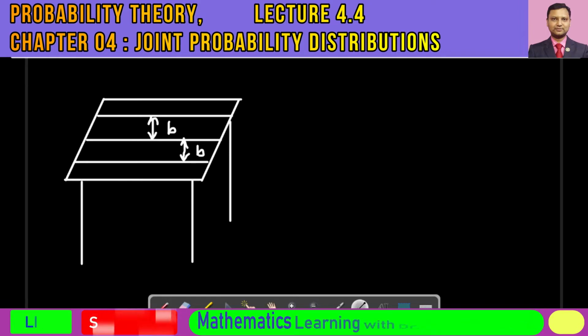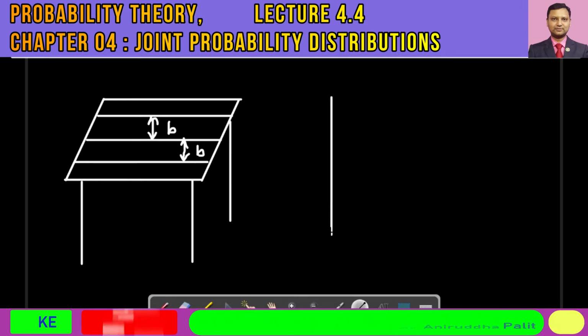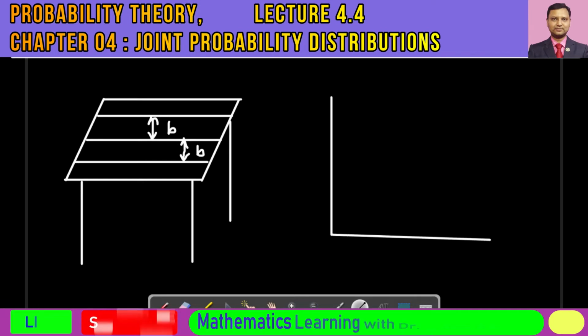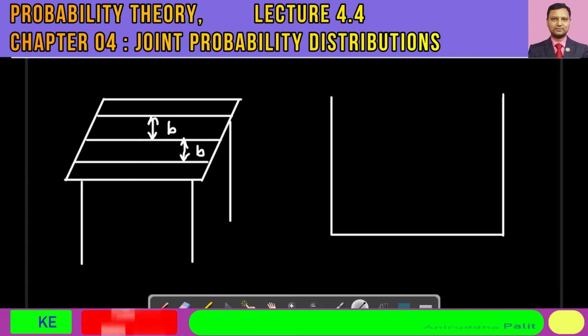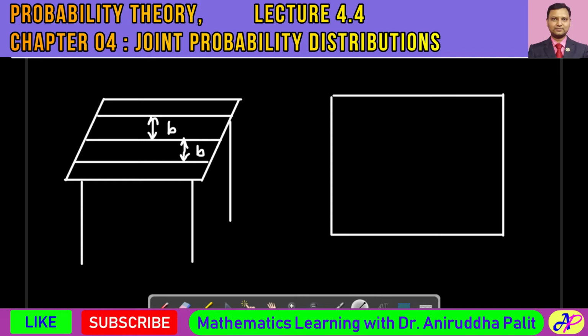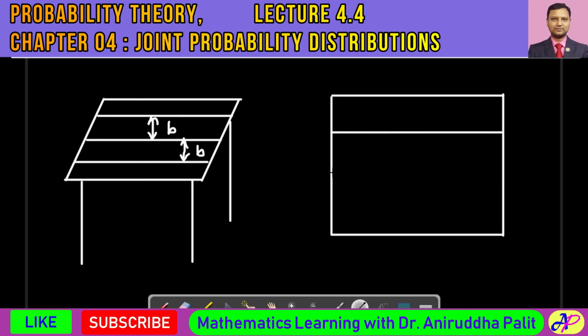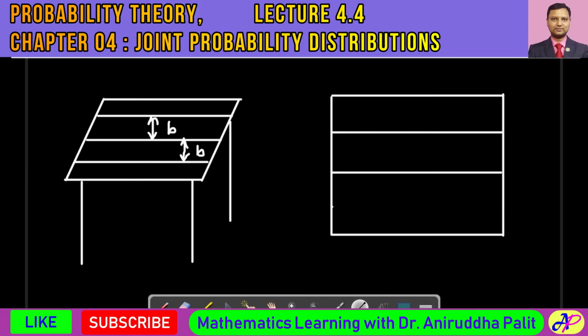And for the sake of convenience, let us draw this plane as a two-dimensional surface. So, say this is the plane, and there we have a few horizontal lines like this, drawn b apart.